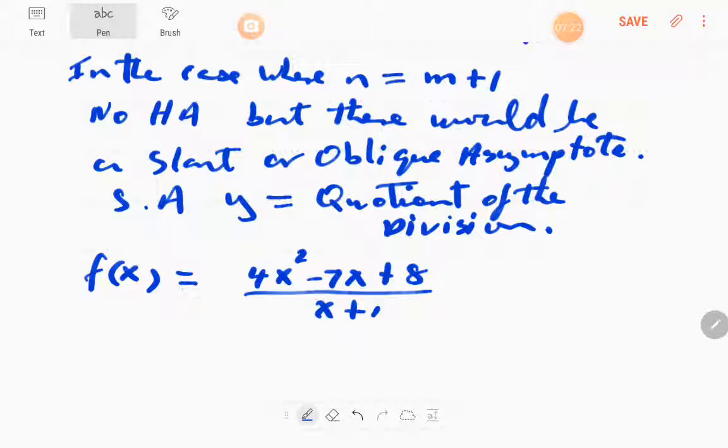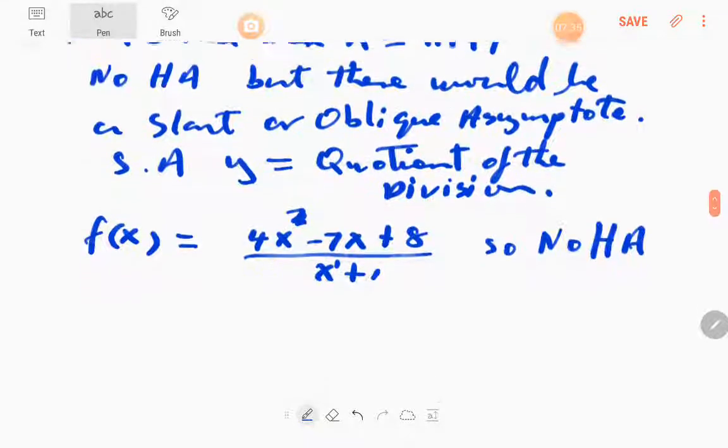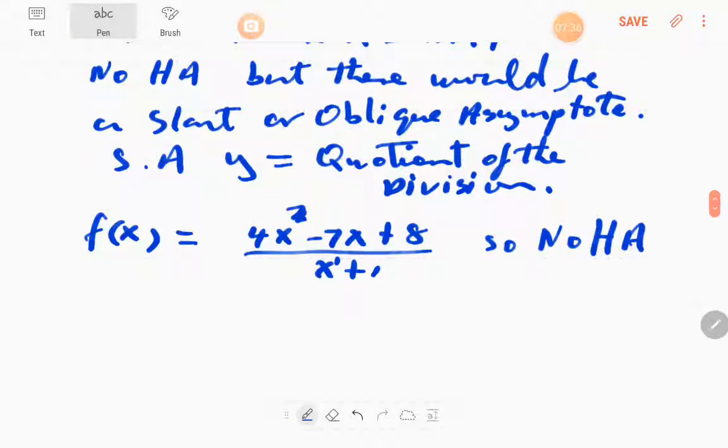So here, the degree of the numerator is bigger, so no horizontal asymptote, but it's only bigger by 1. So there's a slant asymptote, and if I want to find a slant asymptote, I would just divide. You could also use synthetic division here. So I'm going to use long division.